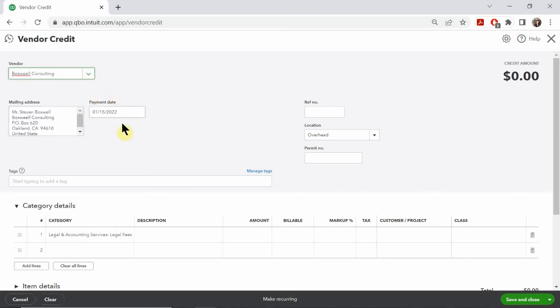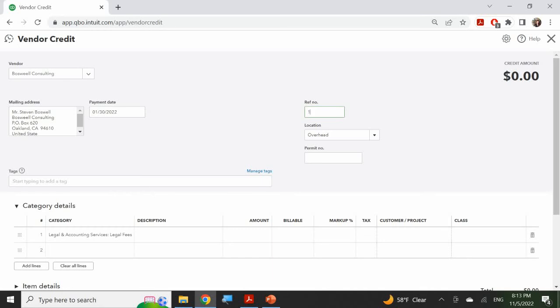We are going to receive this on January 30th. The reference number is related to bill number 1112, and I'm going to put a letter C to represent that I got a credit for this.